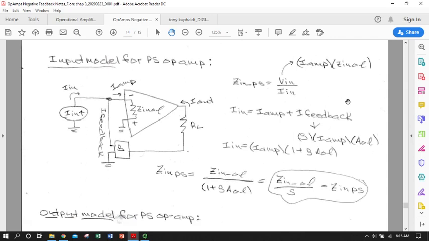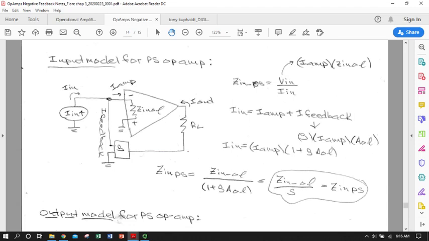And then we can insert another expression for I feedback that we already defined, which is beta times I amp times AOL. These are previously defined, so I'm not going to go back and explain them this time, but you can look back and prove to yourself that these are true, probably in the previous closed loop gain derivation for parallel series, and we end up with total input current is the current flowing through the amplifier times the sacrifice factor again.